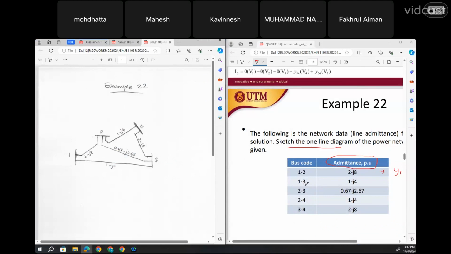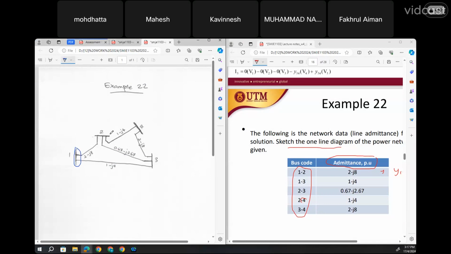We have 3, 1, 3, 1 over here. Before we sketch this one line diagram, the first thing I would do is have a look at the bus code. What is the maximum value of the bus code? Maximum is 4, meaning that I would have 4 of this terminal.